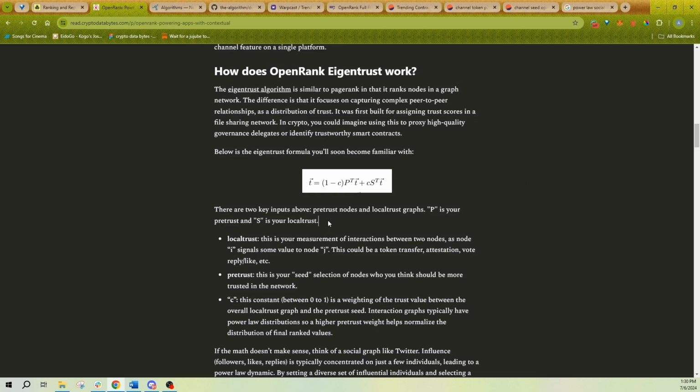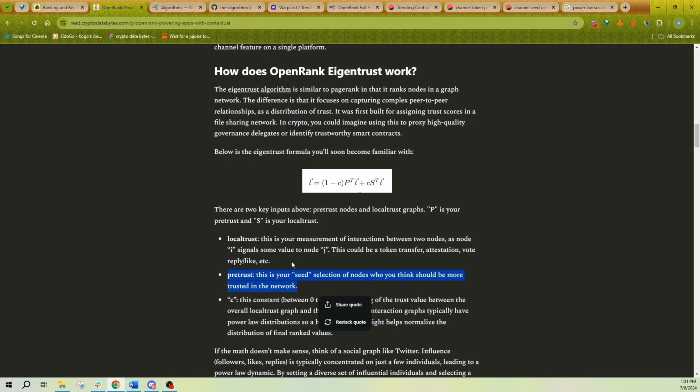Essentially, the OpenRank algorithm has two parts. Your local trust is your main measurement of interaction, and your pre-trust is where you select the people you think are most relevant to whatever kind of feed you're generating, and use that to weight their trust in the network.